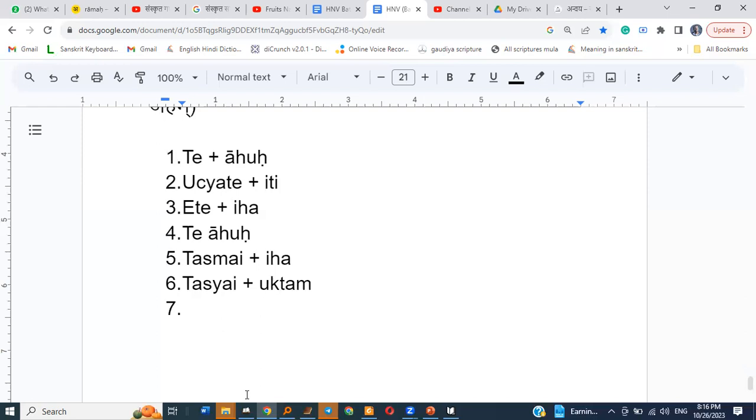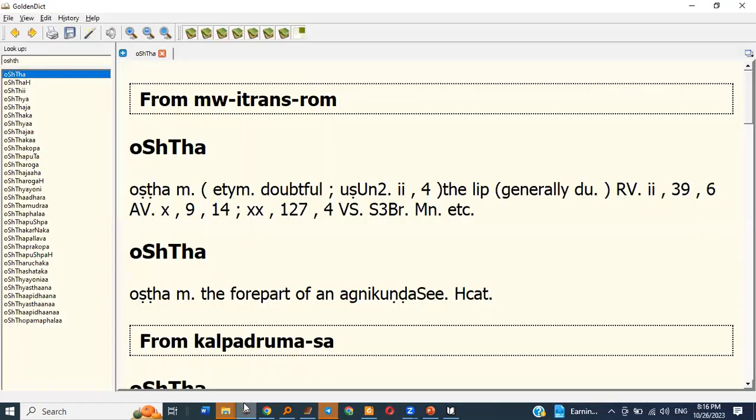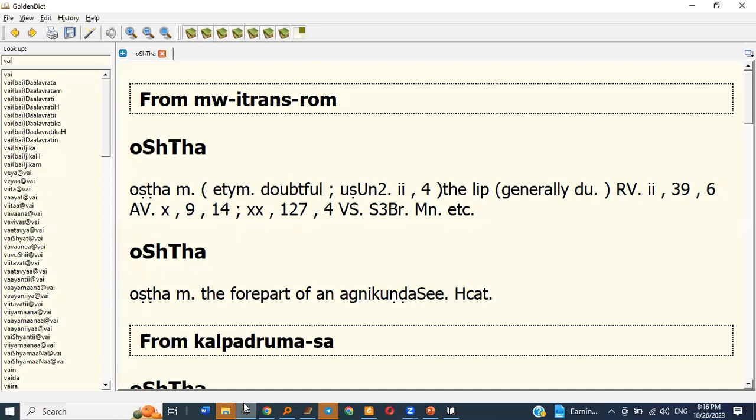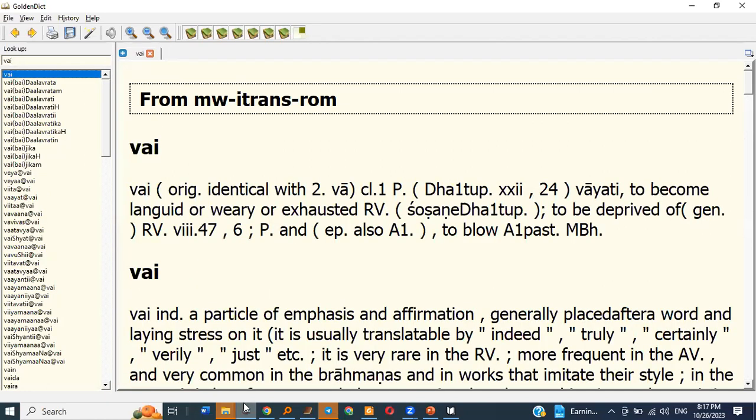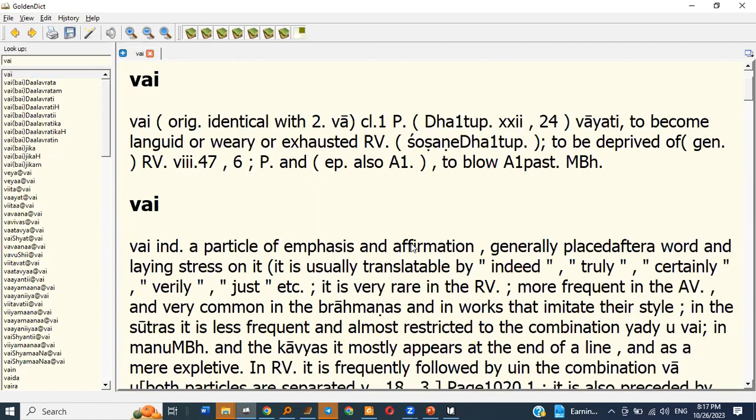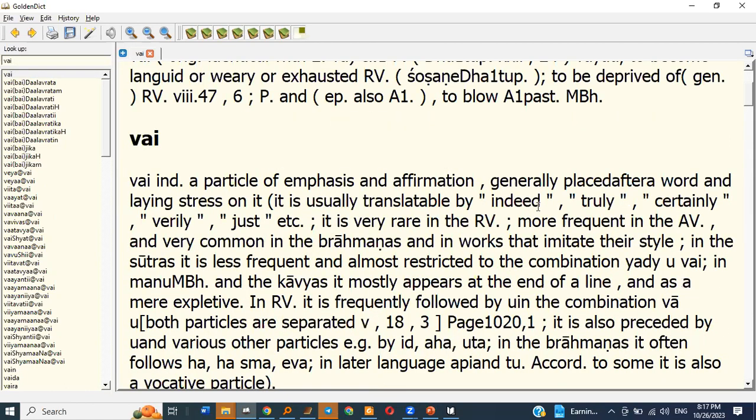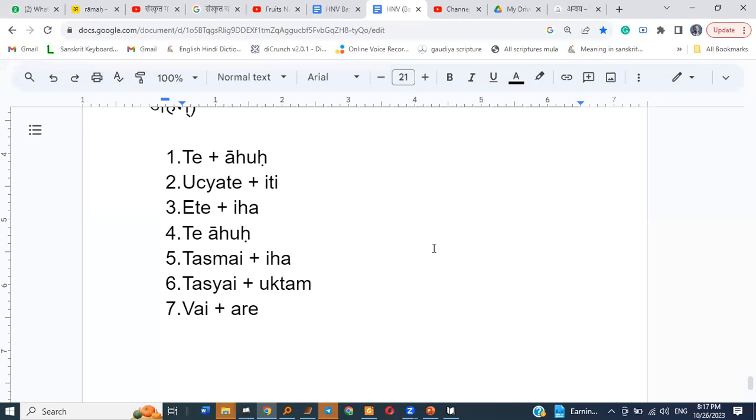Now the seventh one seems like vai and array. So vai we know. Vai is used in the sense of certainty. In shlokas also we see vai. Like certainly, indeed, truly. So this is vai and array. So ai became a, right? And then ya got deleted. So va array. Yeah, so vai and array.